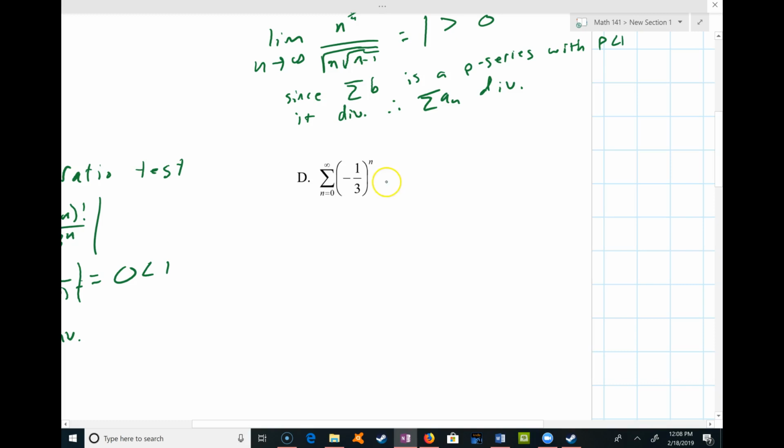All right, this one, we can rewrite this as -1 to the n times 1/3 to the n. So if we wanted to use the alternating series test, we could show that we'll choose our a sub n to be 1/3 to the n.